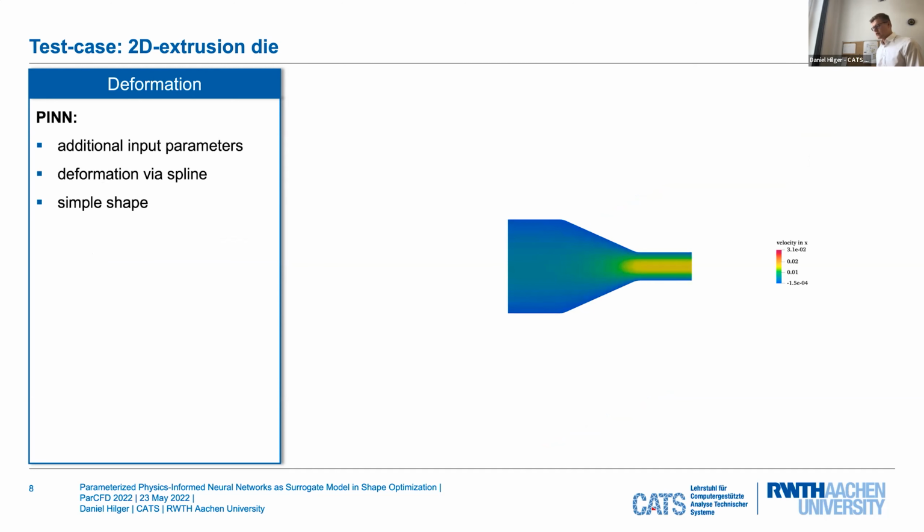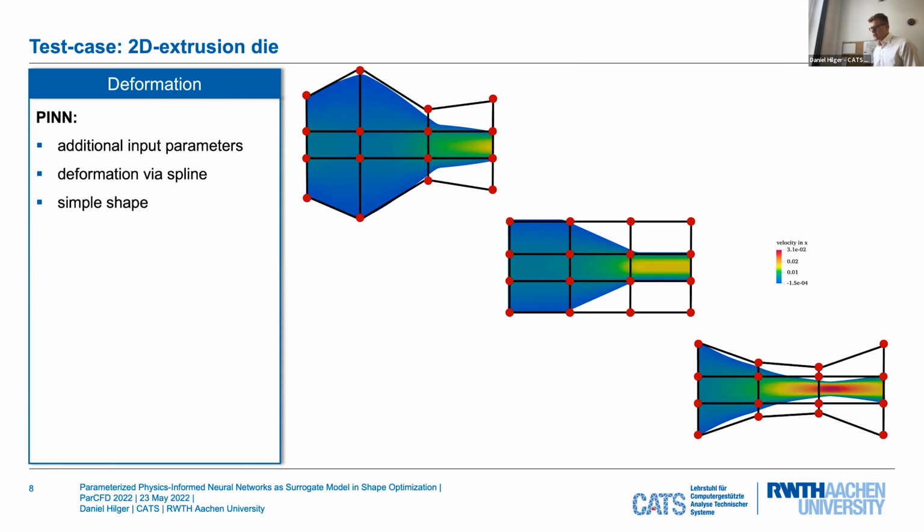We then further extended this PINN approach by putting a parameterization of the geometry into it. We did this by combining it with the free-form deformation approach, meaning we have parameters that are linked to the spline coordinates, and by these spline coordinates we can deform our computational domain or collocation points and obtain a deformed domain.